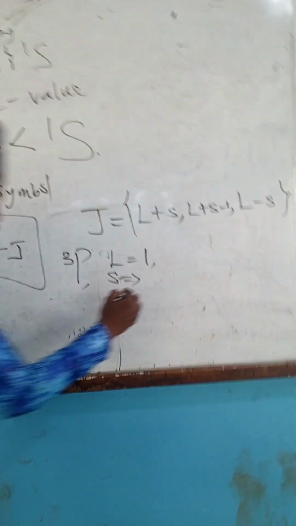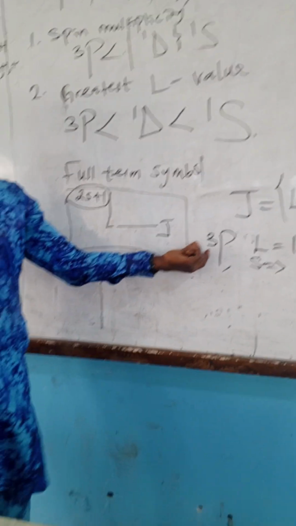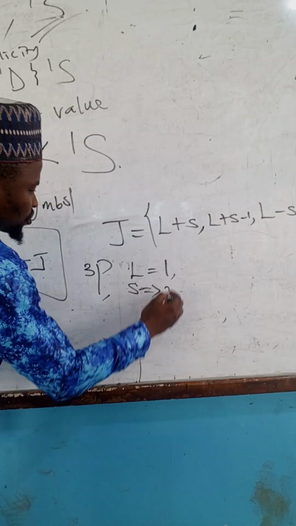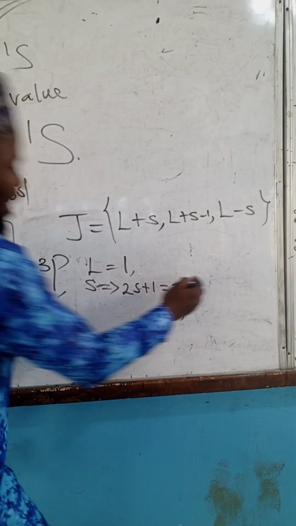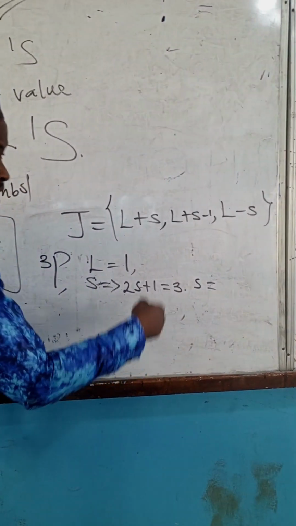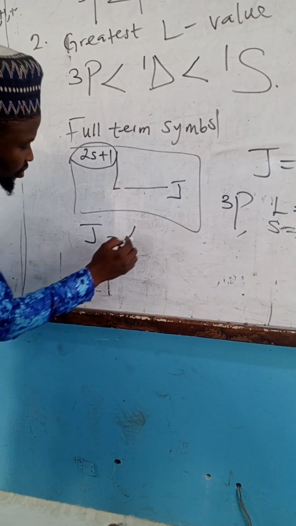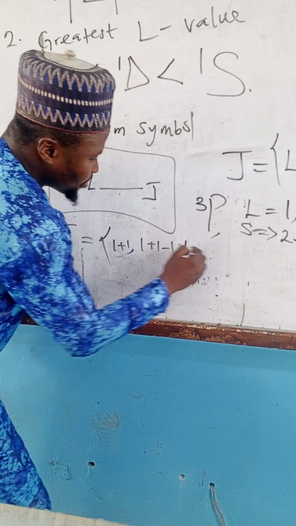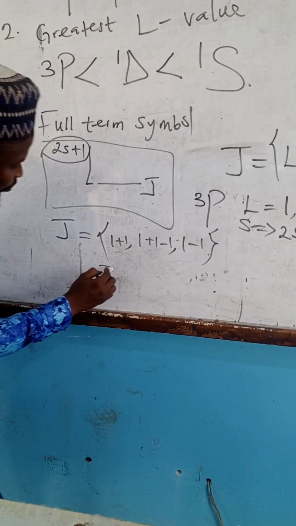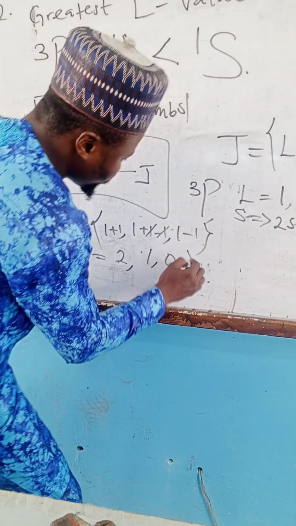The S value, to get it, this is the formula, and it is equivalent to the multiplicity. So that means 2S plus 1 equals 3. Mathematically, S equals 3 minus 1, which is 2, divided by 2, that is 1. So the J value will now be equal to, our L is 1: 1 plus 1, comma, 1 plus 1 minus 1, comma, 1 minus 1. And that will be 2, 1, 0.